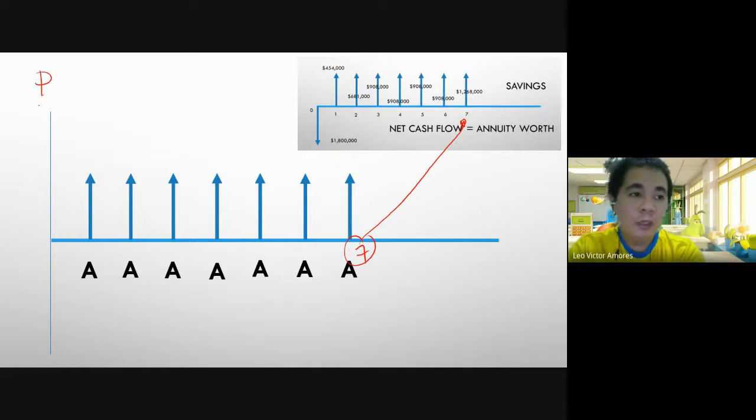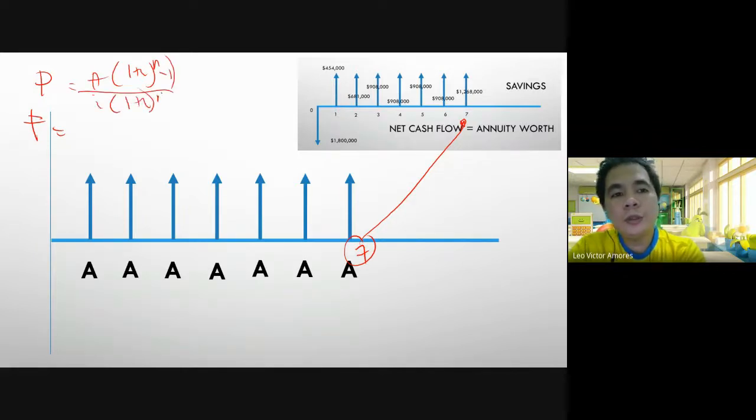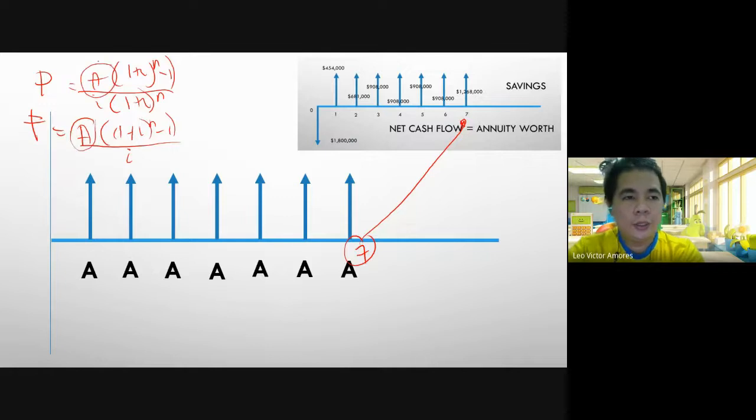First, you have to get the P or the present value. If you want P, that is A[(1 + i)^n − 1] divided by i(1 + i)^n. If F is what you have, that is A[(1 + i)^n − 1] over i. You have to get your A. Okay?